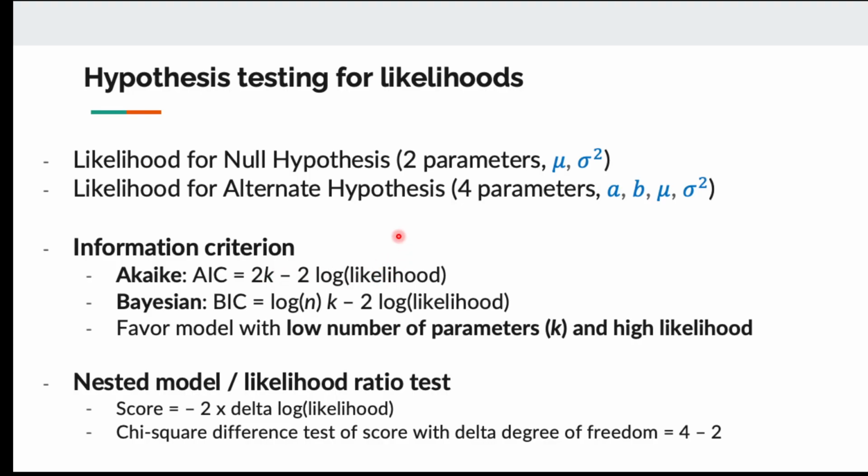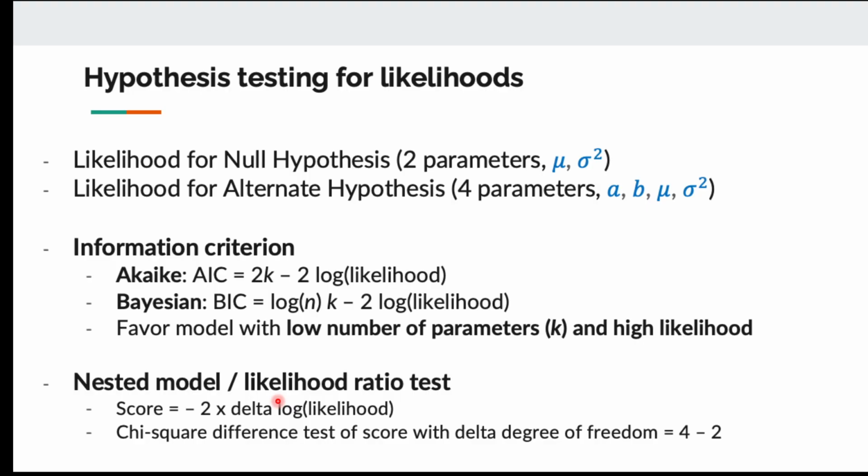You have a high likelihood, your model fits the data better. You can use this calculation either as 2 times the number of parameters minus 2 times the log of the likelihood, or as the log of n, the number of data, here the number of negative probes, times the number of parameters, subtracted by 2 times the log likelihood. So you want to prefer either the null hypothesis or the alternative hypothesis, whichever gives the lower score, and you will pick that one.